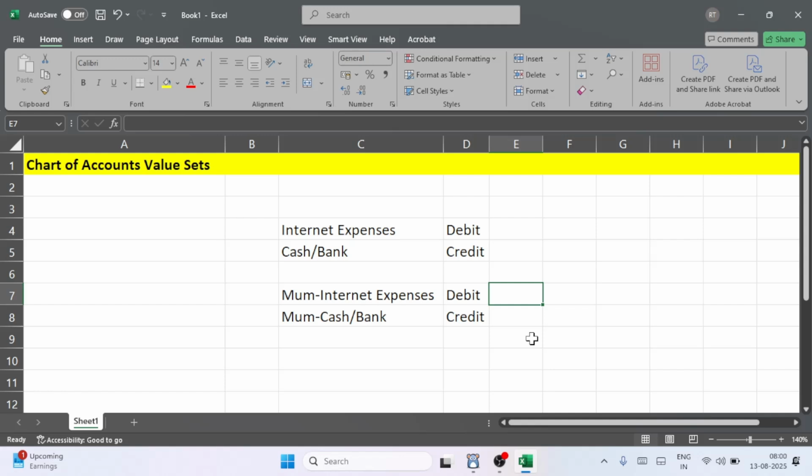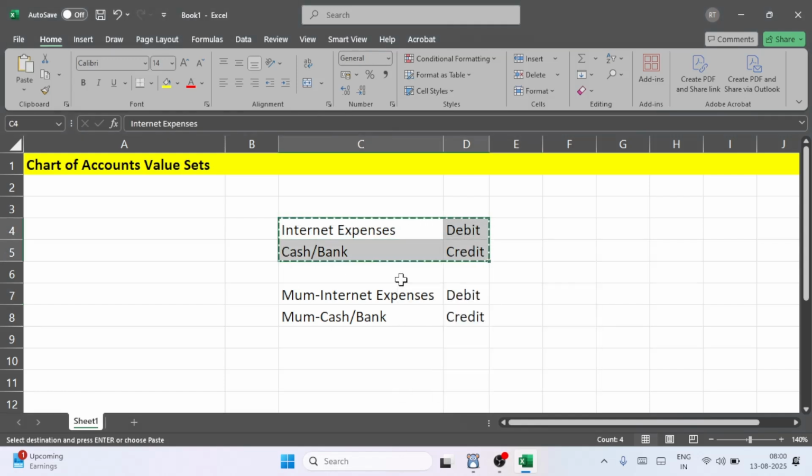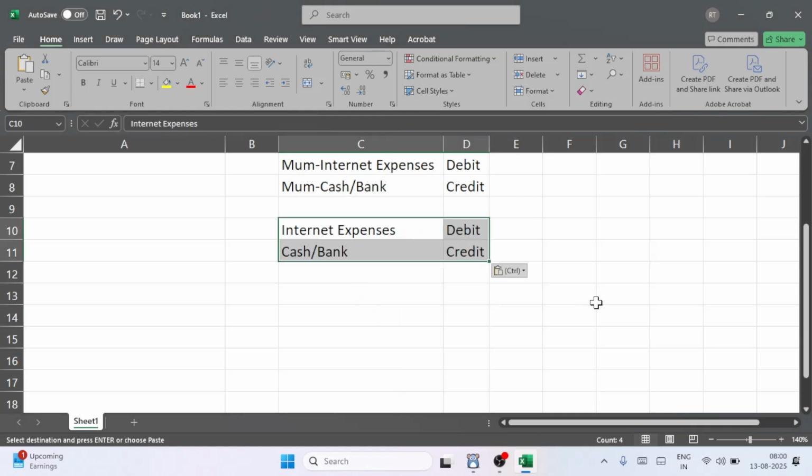A separate ledger is maintained for each of the branches, so you will generally post the data like this. In the Mumbai book, whenever you have an internet expense, you debit internet expense and credit cash or bank, because it is only related to the Mumbai branch, and all the expenses related to the Mumbai branch will be booked into the Mumbai ledger.